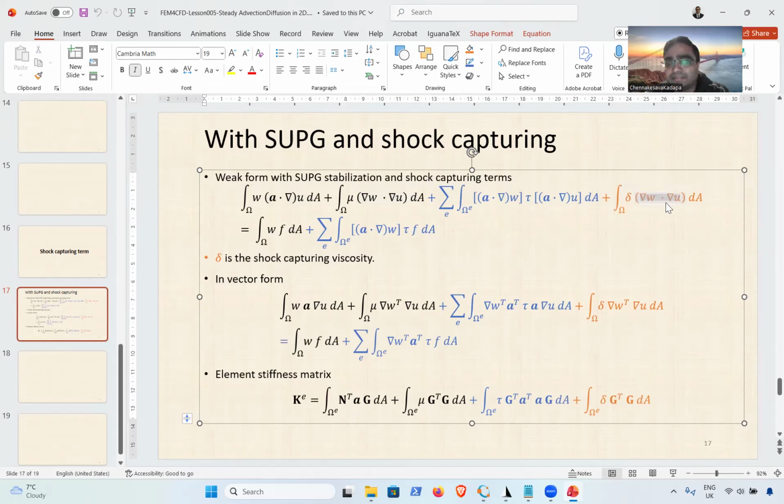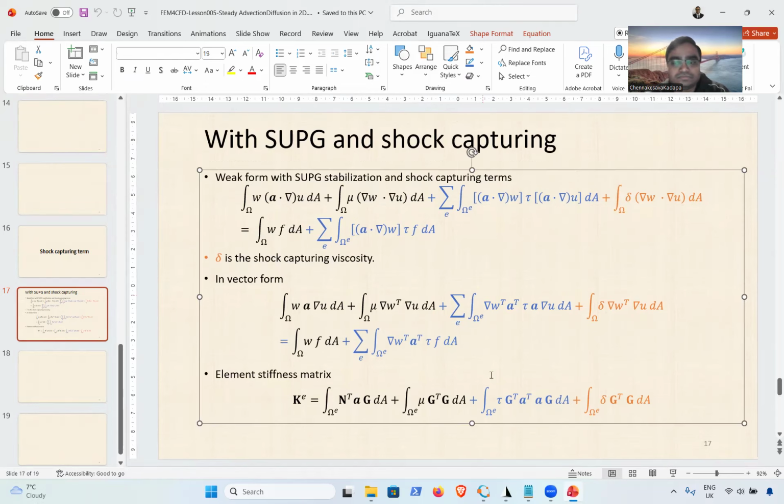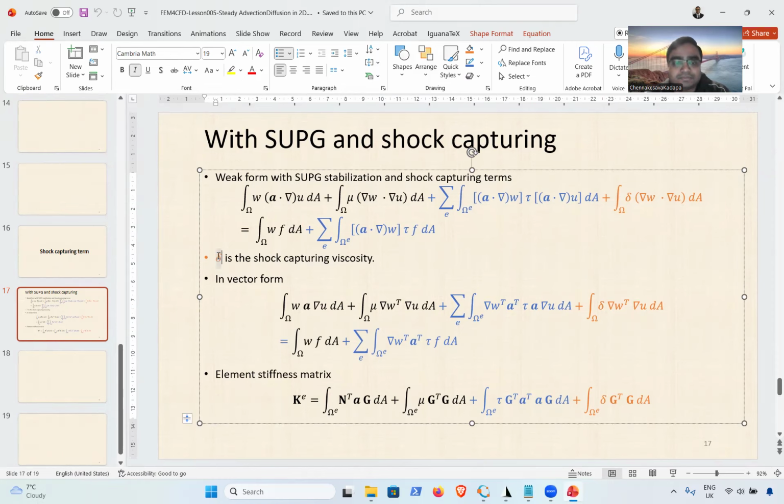It is very similar to the diffusion term, but with a new parameter, the shock capturing parameter delta. What we do here is add an artificial viscosity, artificial diffusion, to the formulation to minimize the spurious oscillations. This is the shock capturing viscosity, delta.